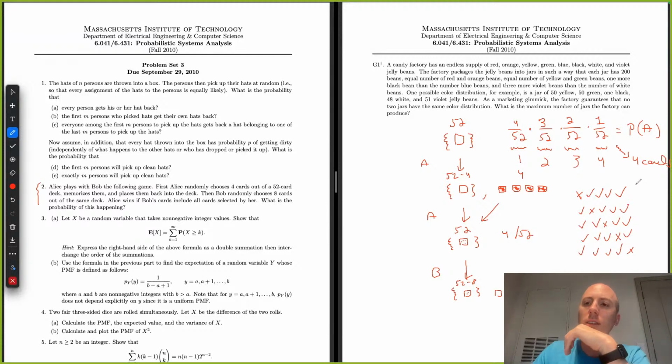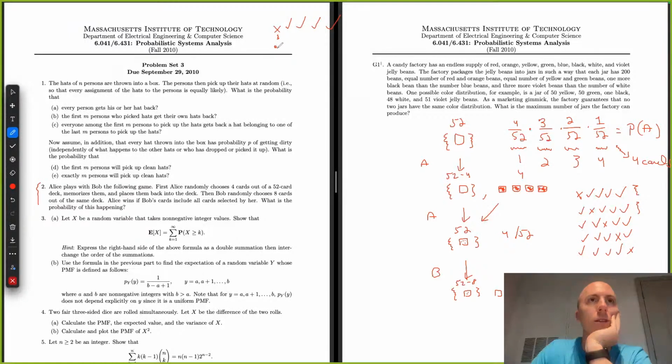So just looking at these, do all of these have the same probability? Let's take this one. The probability of this happening: we have 52 cards, and let's pick one that's not Alice's.